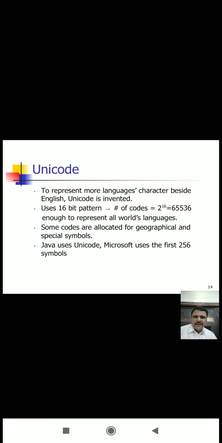I mean, Chinese, French, Sindhi, Urdu and all other languages. And apart from the characters of languages, it is also used to represent special symbols and geographical symbols as well. Unicode is used by Java and Microsoft, but Microsoft uses only the first 256 symbols.